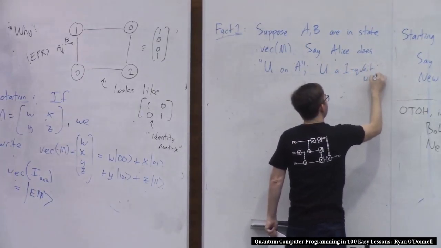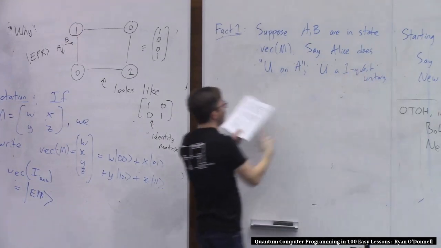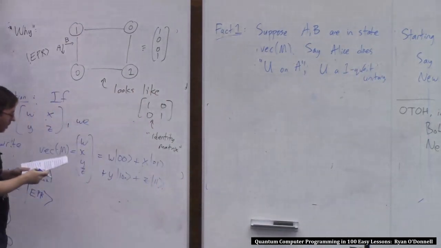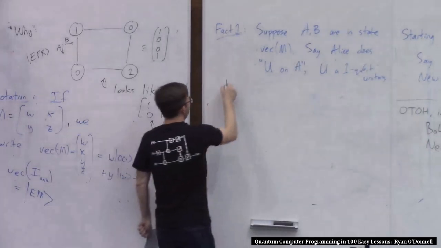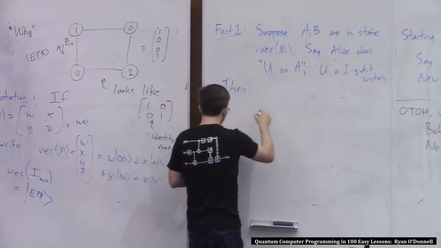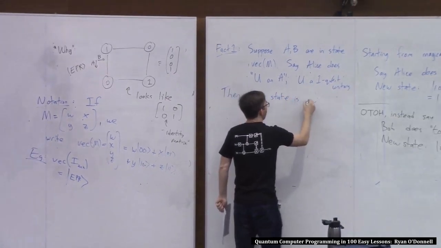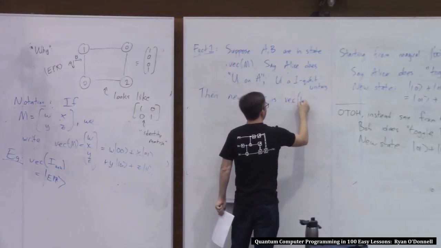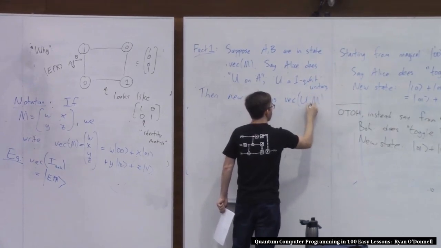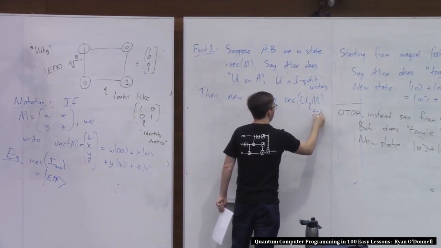It's always a little bit annoying, you have to remember how to organize the amplitudes. And this fact just tells you a simple thing: the new state is vec of UM, where this is 2 by 2 matrix multiplication.